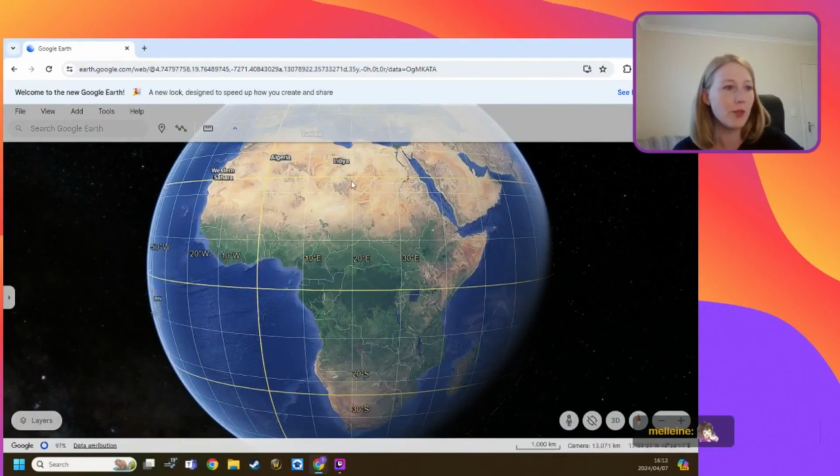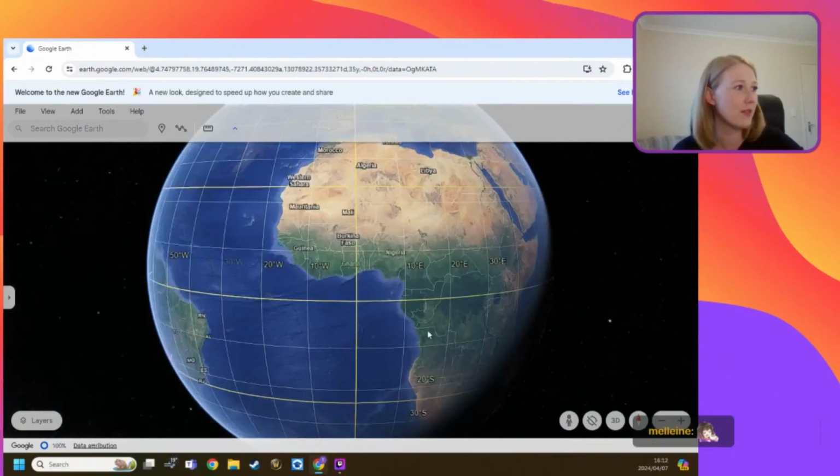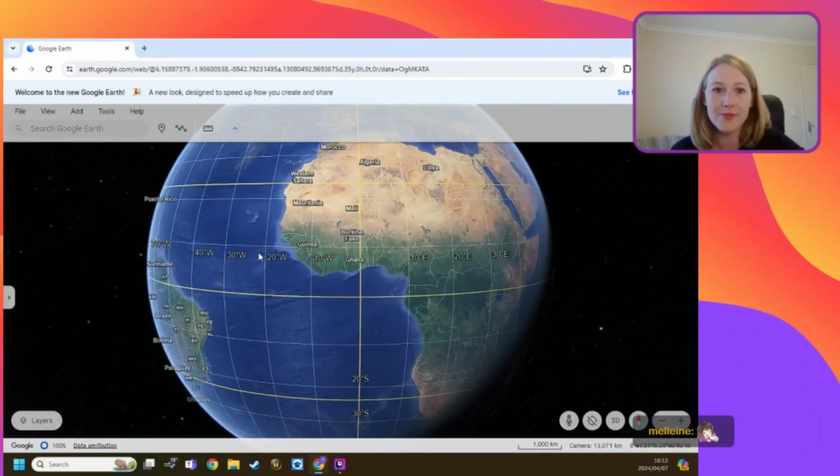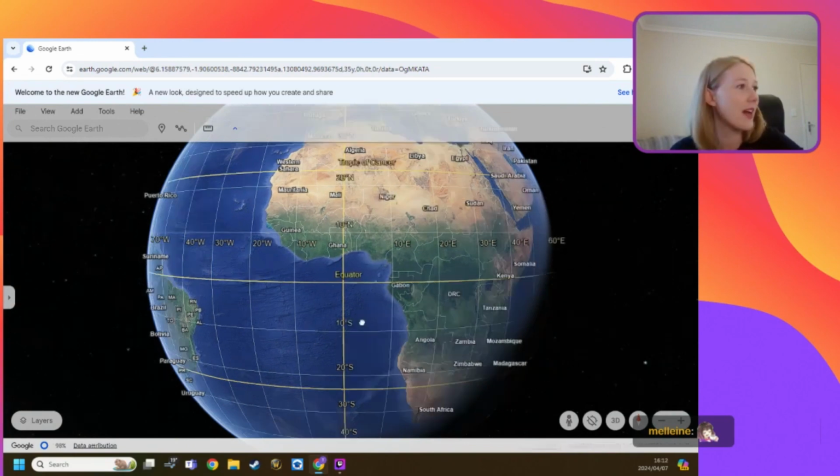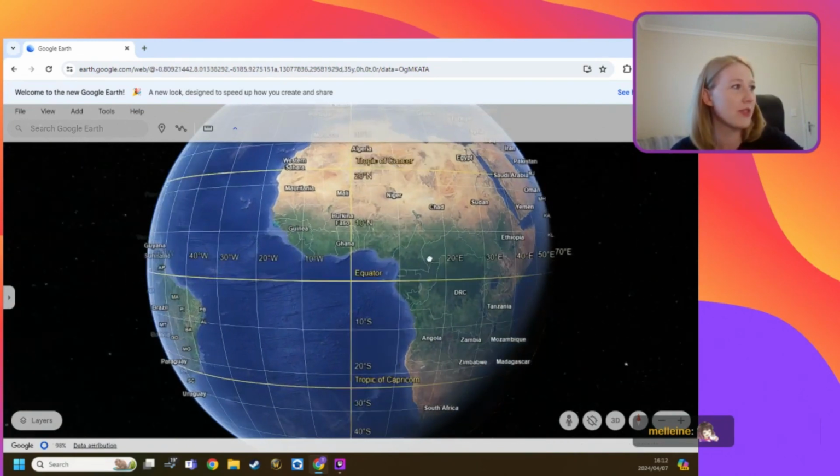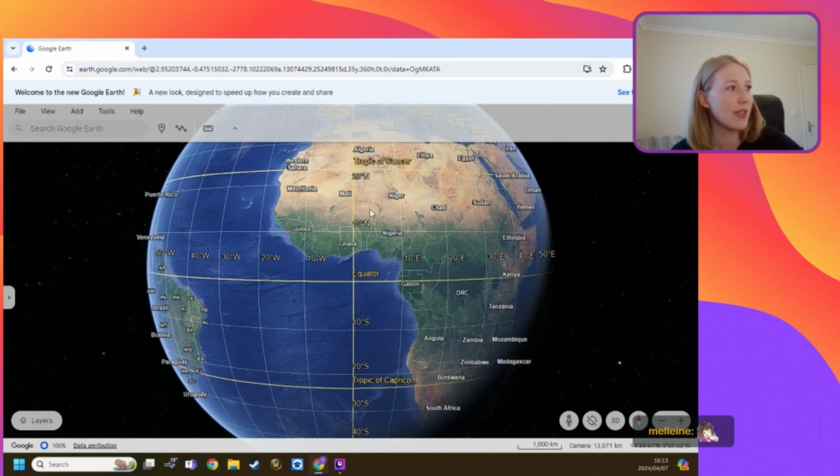So we have northern, southern, eastern, and western. And we label that with the N, E, S, and W, as you can map. And we measure how far north, east, south, west something is using degrees.